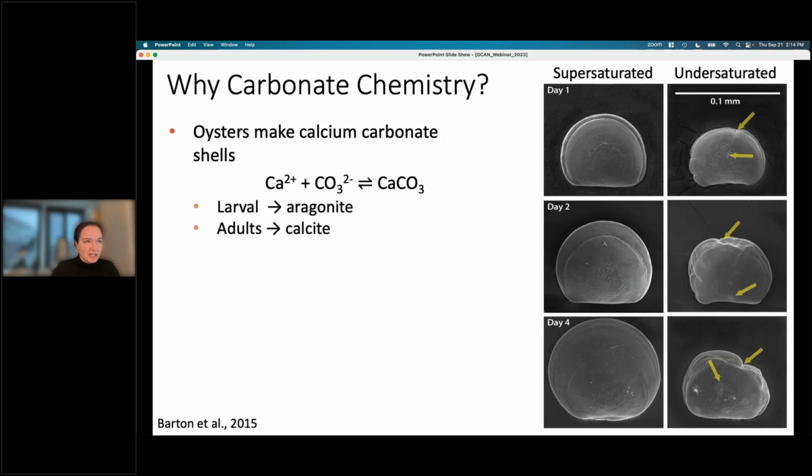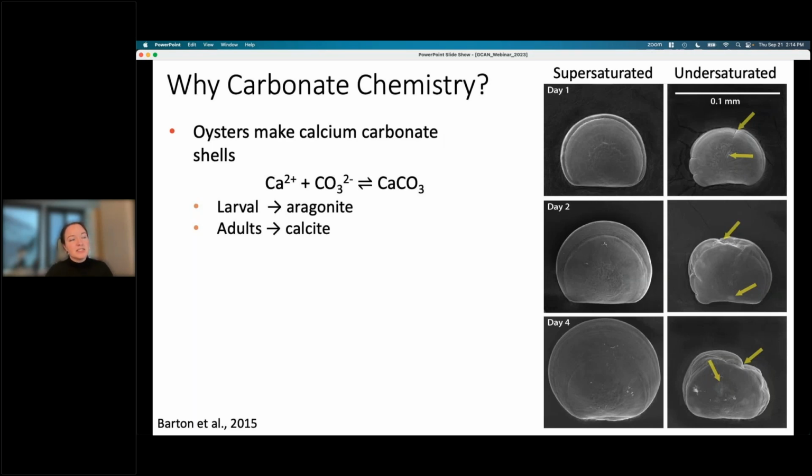The right-hand figure shows the growth of a larval oyster in the first couple of days of calcification under supersaturated conditions on the left-hand side, when saturation state is greater than 1, and undersaturated conditions on the right-hand side, when saturation state is less than 1.